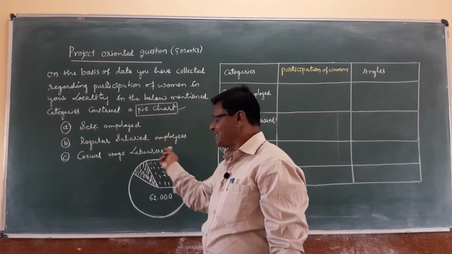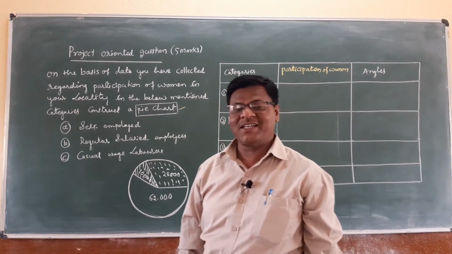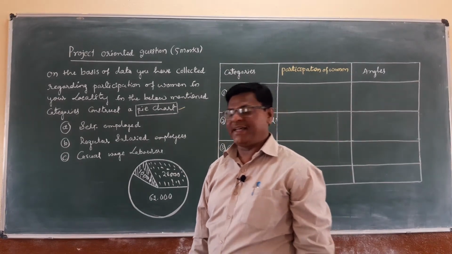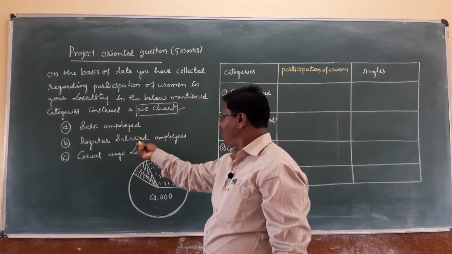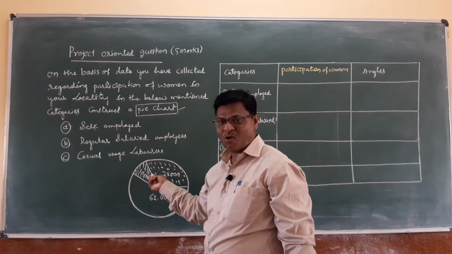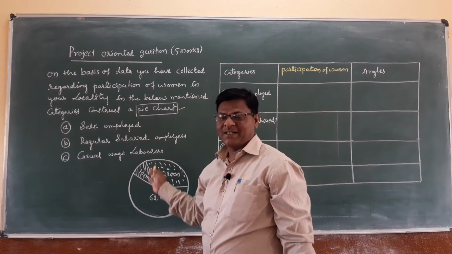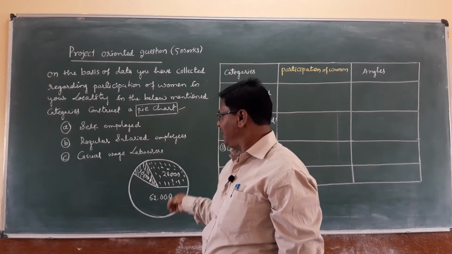The circle is 360 degrees and half of it is 180. Whatever percentage you have for self-employed, regular salaried employees and casual wage laborers, you put in this circle and separate the parts of the 360 degrees.